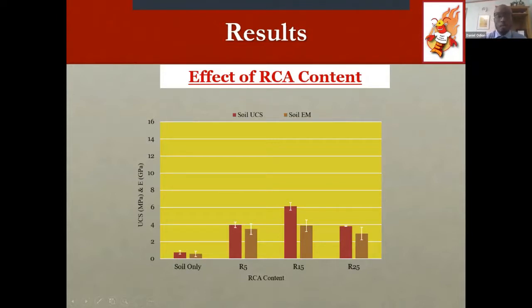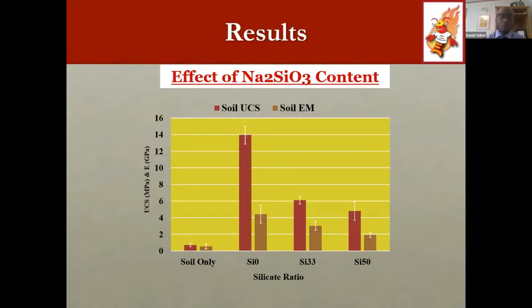We attributed this to the fact that the soil itself has a high silicon content, so if we further increase RCA up to 25%, it creates a beyond-optimum requirement for the soil for the geopolymer reaction to actually take place and also yield better strength. So a 15% RCA content was found to be optimum for this reaction.